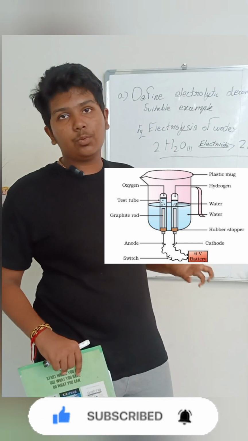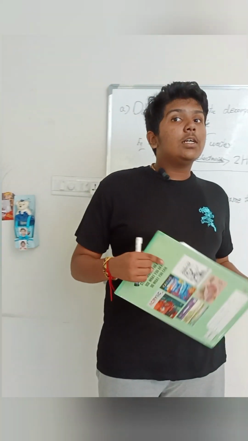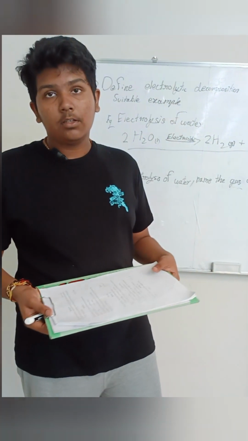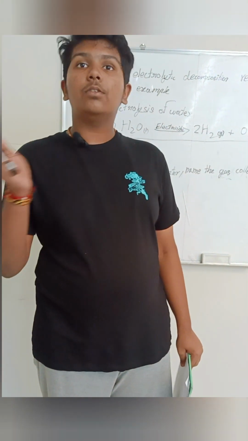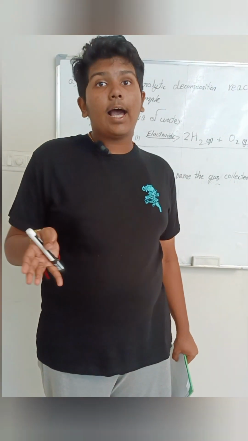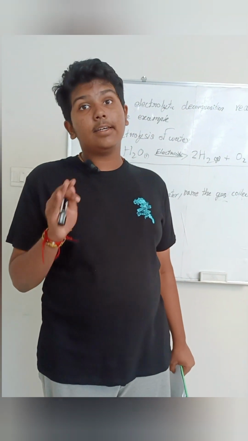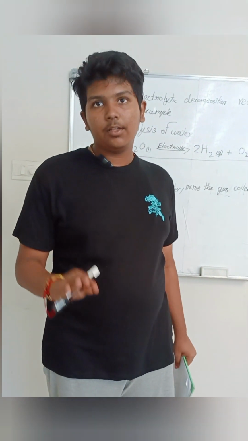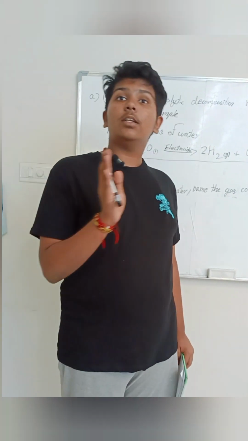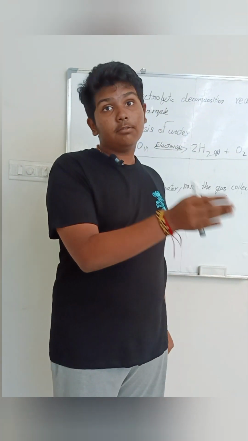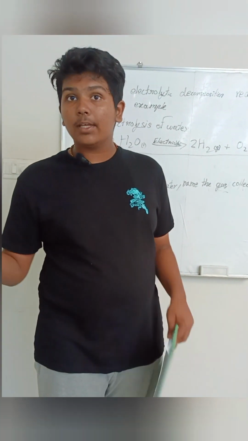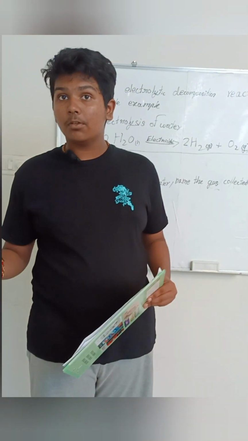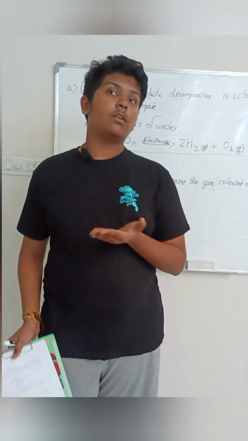So what are those two gases? Cathode is negative, right? And anode is positive. So which will go to the negative side? Hydrogen is positive, right? So the positive ions will go to the negative, and the negative ions will go to the positive, like magnets, how they attract each other, north and south. Same way, plus and minus.